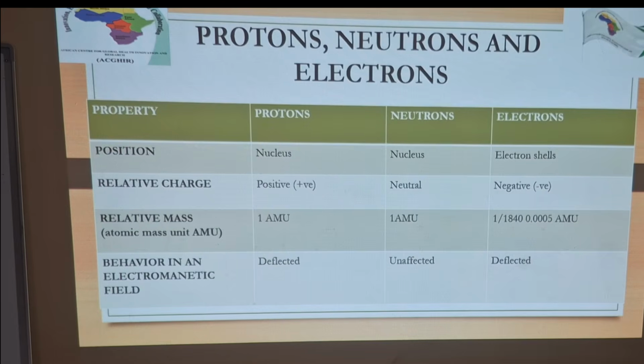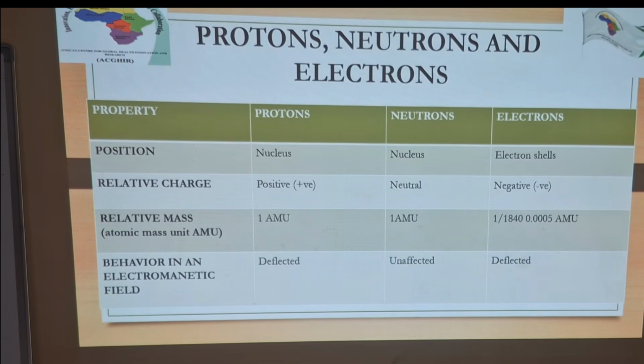When we look at neutrons, they are located in the nucleus of an atom. They are neutral. Their relative mass is 1 atomic mass unit, and they are not deflected in an electromagnetic field. When we look at electrons, they are located outside the nucleus in what we call electron shells.